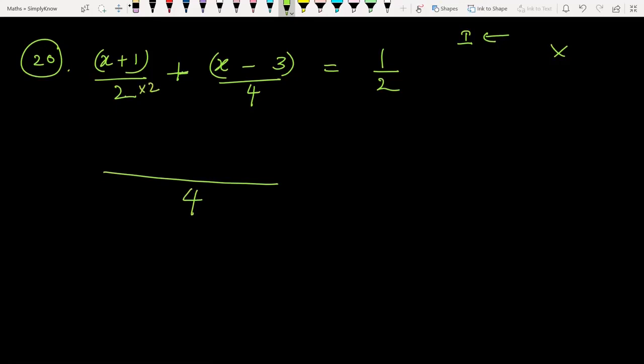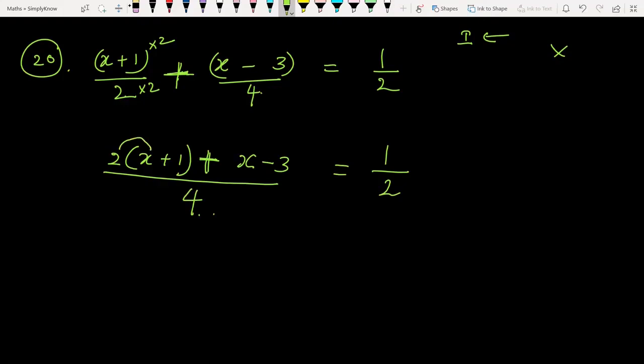Then you have to multiply our numerator by 2. This means 2 times x plus 1. And plus, there is an addition here. Then 4 and 4, these two are same. So our next numerator, we just write it x minus 3 equals a half.